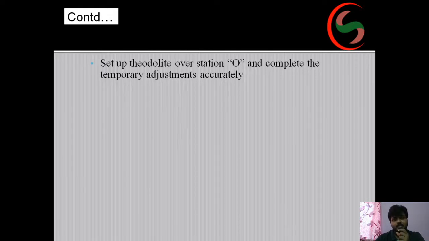What do you mean by parallax error? Generally the crosshair should be clearly visible, and the object you are seeing should be clearly focused. For the object to be clear, there is a focusing screw.